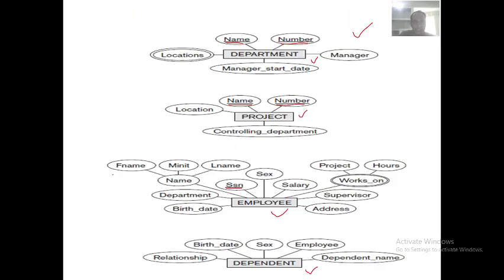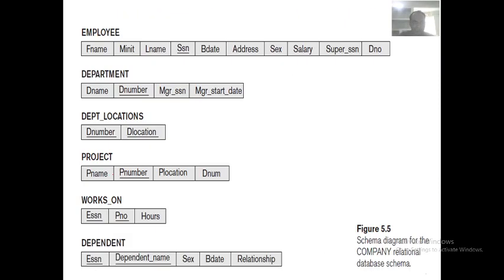Now look at this carefully. How many tables are there? 1, 2, 3, 4, 5, 6 tables. Which is the first table? The employee table. Is employee an entity or an attribute? An entity.